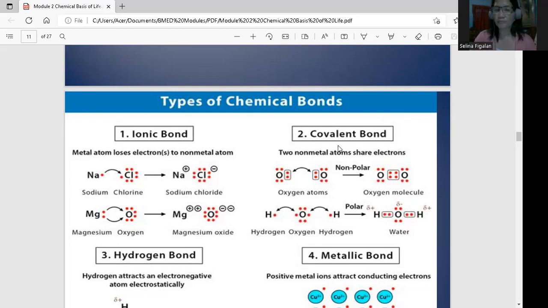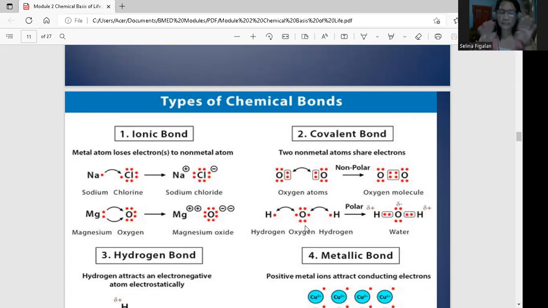When you say covalent bond, it is about sharing electrons. No one yields, no one gives. They stick together. Okay? If one element lacks, like here in water, there are two hydrogen atoms and one oxygen atom. Your hydrogen has an atomic number of 1, so it lacks one, because the first shell needs two. Okay? Looking at the oxygen, it lacks two to become 8. To become stable, the hydrogen and the oxygen will stick to each other. What will happen is the shell that the hydrogen needs, two, will be formed.